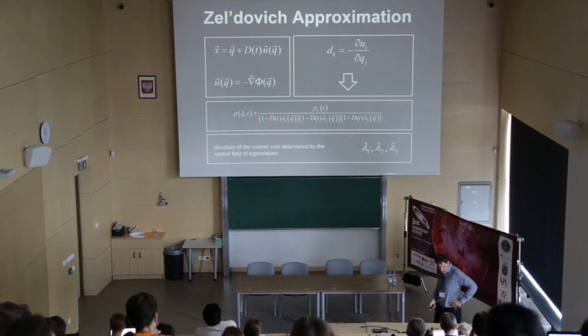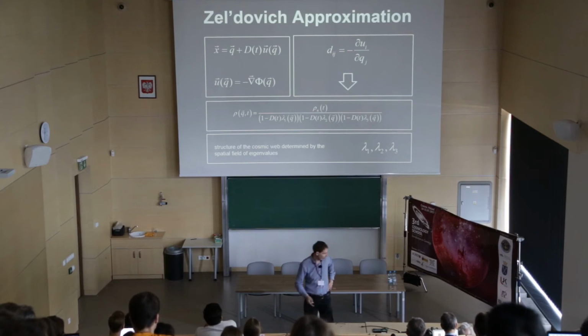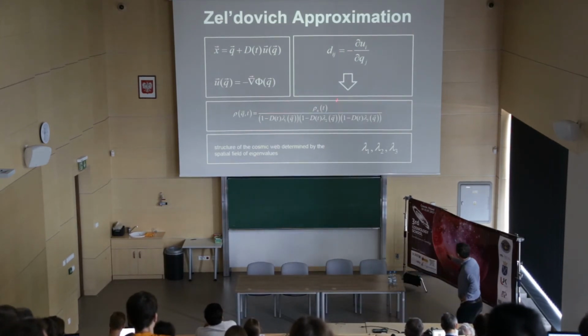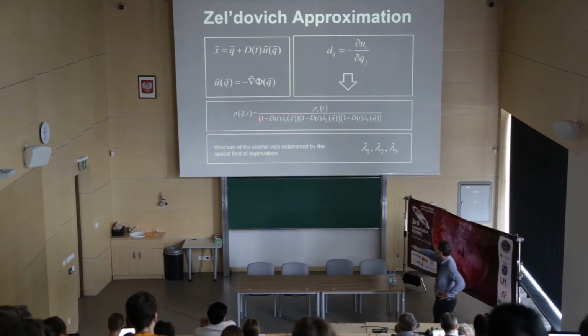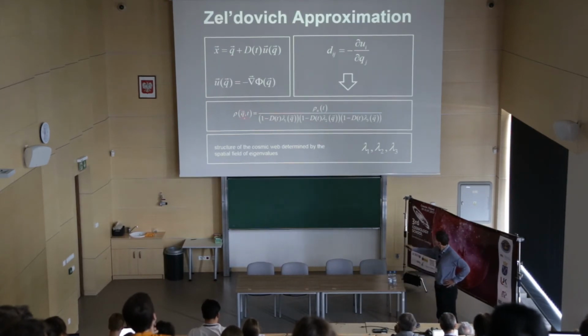Now, one more thing that the Zeldovich approximation does, and what you can immediately infer very simply from the accompanying Jacobian, is the resulting density of mass that originally was at a position q, and then finally at the time t.